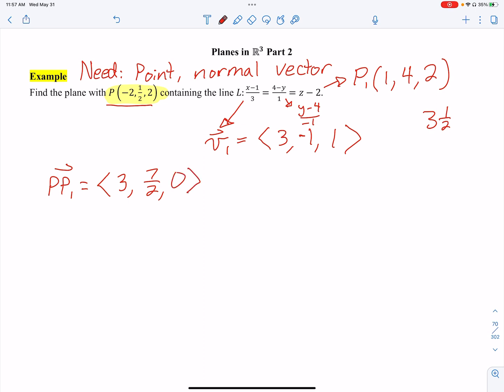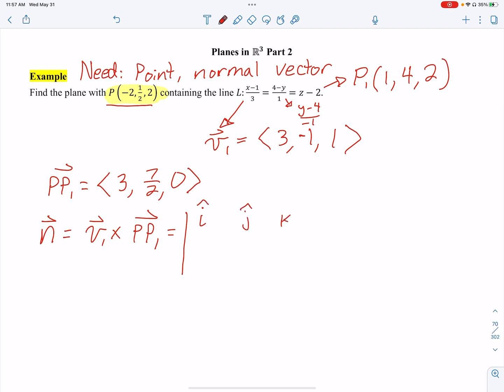So what we're going to do now is we need that normal vector. So my normal vector is going to be V1 crossed with PP1. I got I, J, K. I put my vectors in there.